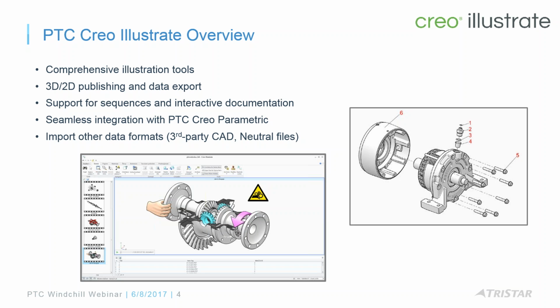Creo Illustrate supports the Creo Unite technology, so you can directly import supported files from other CAD systems on the market, like systems from Dassault, Siemens, and Autodesk. It integrates seamlessly with Creo Parametric files, so whether they're in Windchill or standalone in a folder, I can import those files directly. And of course, other data formats.